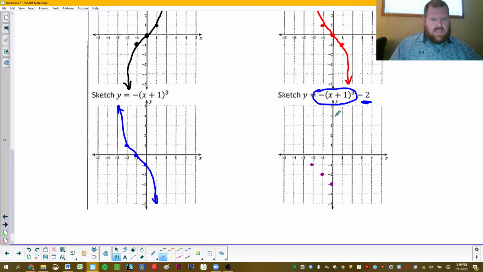And yeah, that 8 would still be off my graph. So it's going to be really close to this next point, but not quite there. It's going to look something like this. Still going to start high and end low, just like our end behavior says. But yeah, that's what we've got.